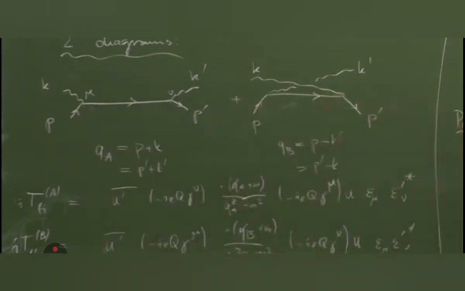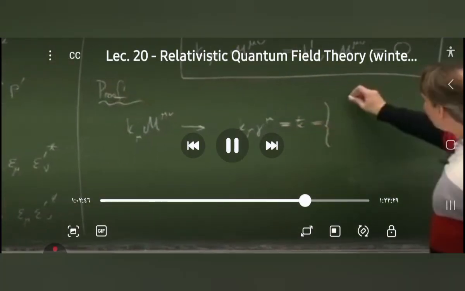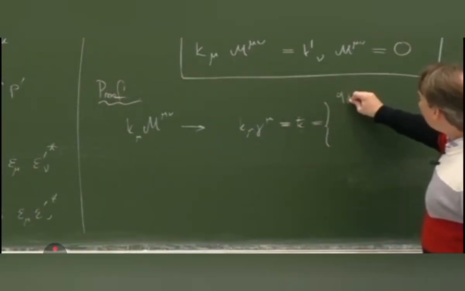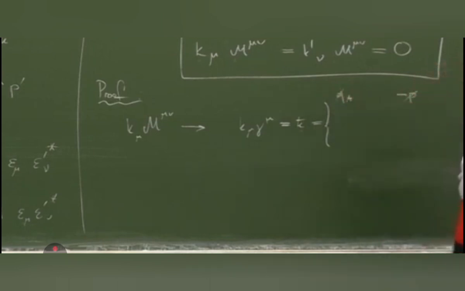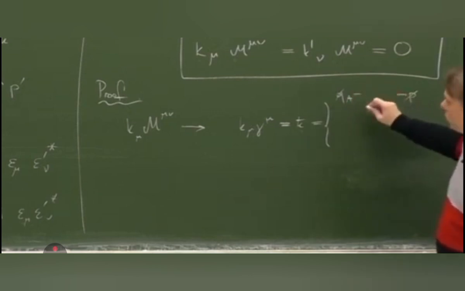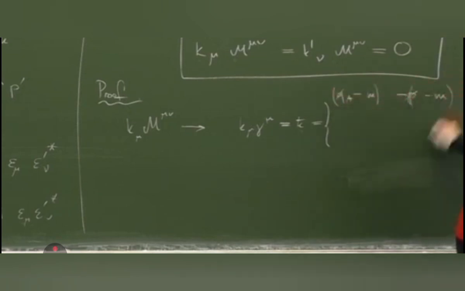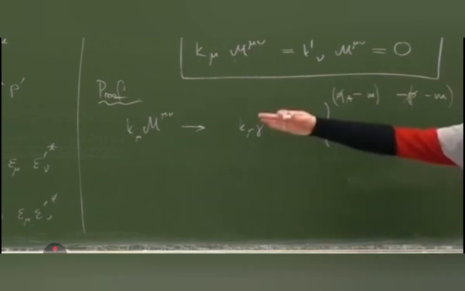We replace in the first diagram k by qa slash minus p slash, which is the same thing. And actually we do even more: we replace it by (qa slash minus m) minus (p slash minus m). That is what we do, and then we see what happens.